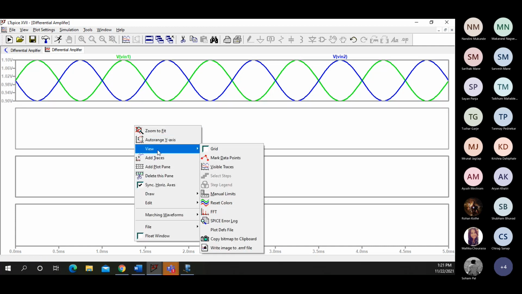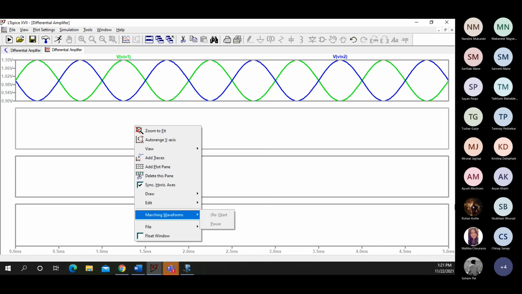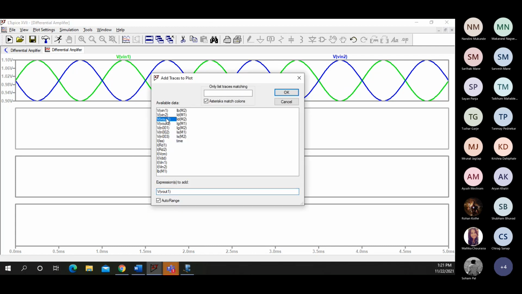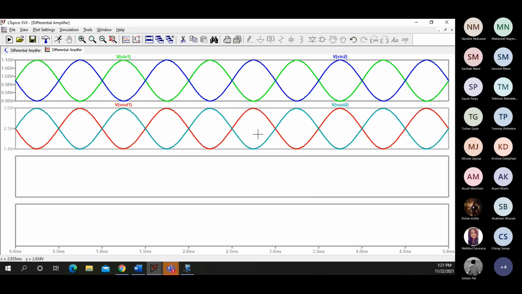Then here you can plot V out 1 and V out 2. Now you can see when you apply V in 1, you get V out 1. So V in 1, the green waveform, and V out 1, the red waveform, are also 180 degrees out of phase.